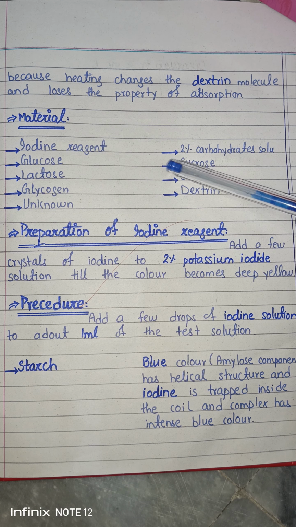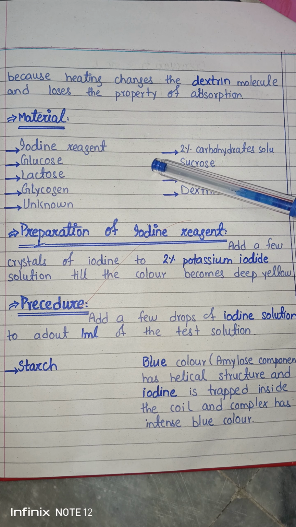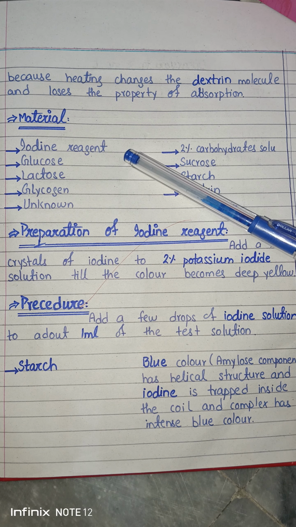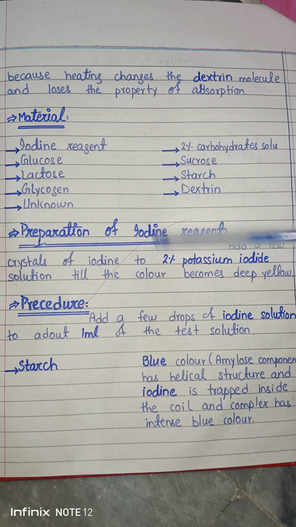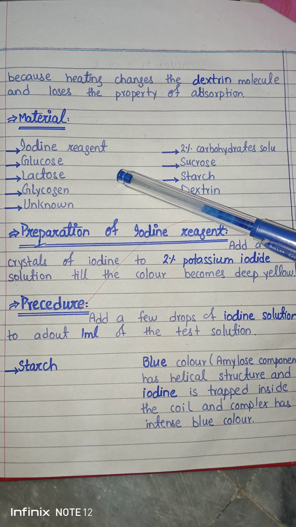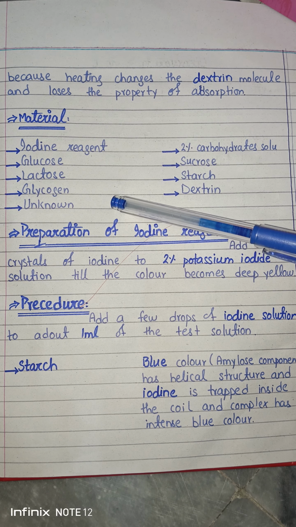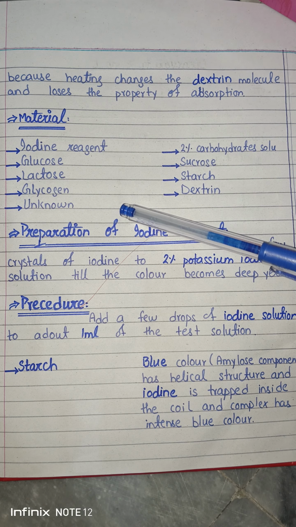First you have to write the apparatus and the materials you need to perform this reaction. First you need the iodine reagent, and I will show how you prepare this. Then you should have some solutions, for example glucose solution, lactose solution. These solutions could be monosaccharides, disaccharides, or polysaccharides.